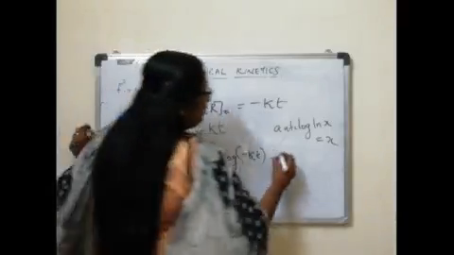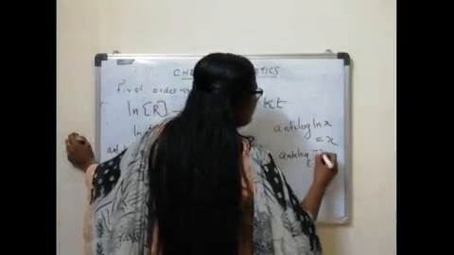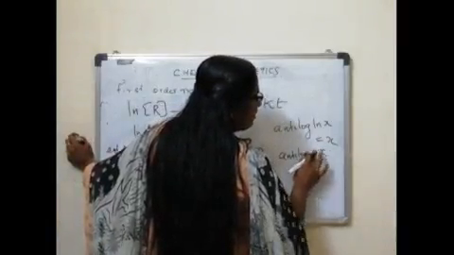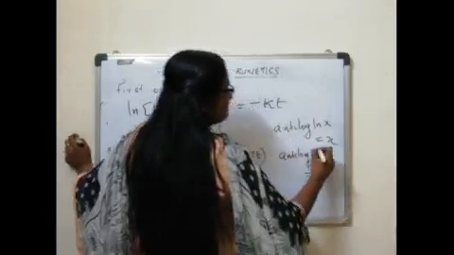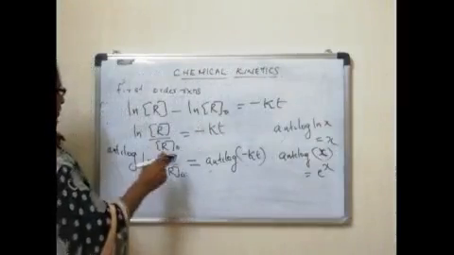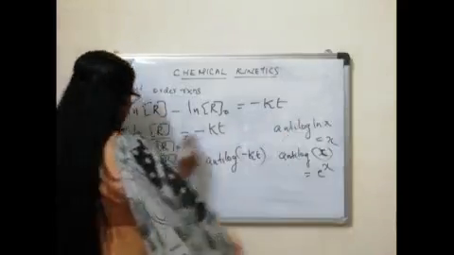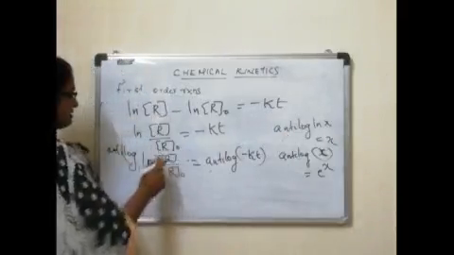Anti-log of ln x is equal to x, or anti-log of x is equal to e raised to x. So considering these 2 points, you can rewrite this equation as anti-log of ln x is equal to x. Here x is R by R0.